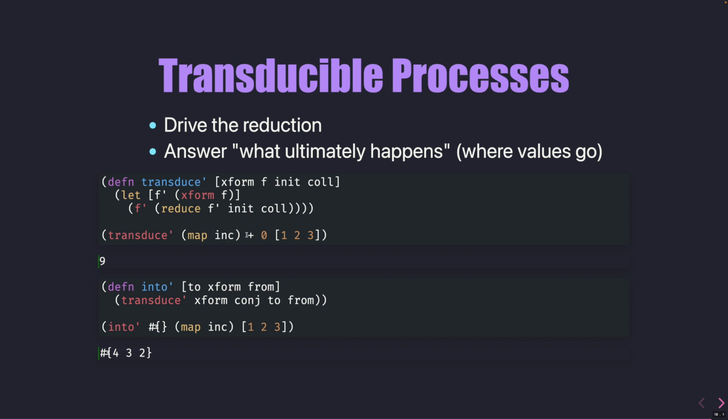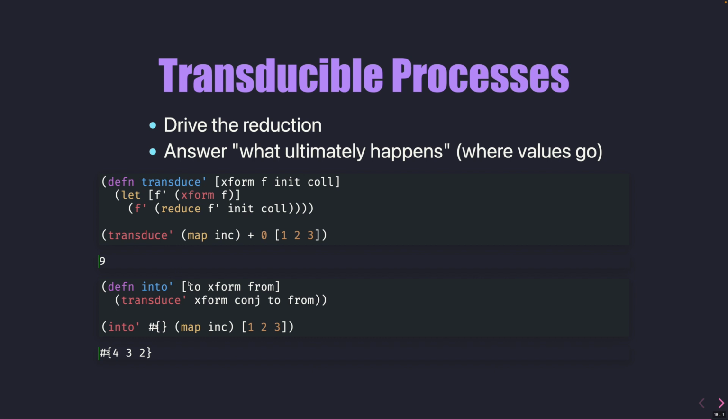So here we're doing a reduce over these numbers with an initial value of 0, and we're mapping inc over each of those values. This is very similar to the built-in Clojure.core implementation of transduce. Finally, the other place that we've seen transducers used is the into function.